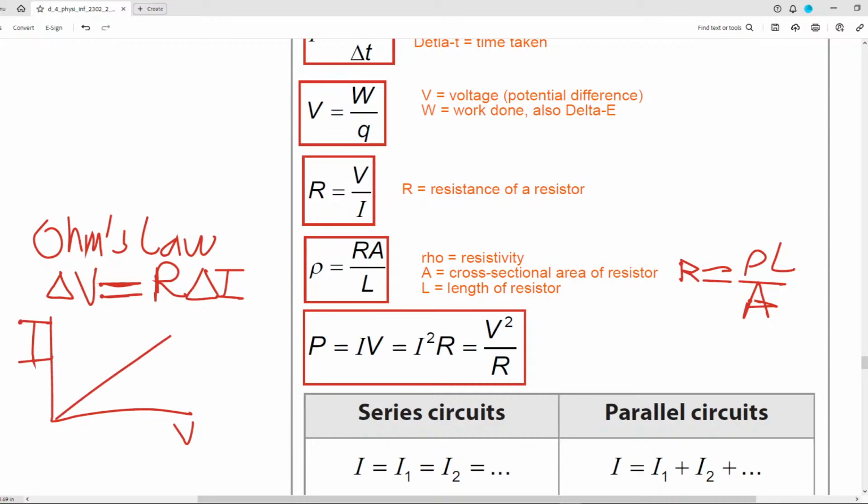That's what it means. Now, most resistors do not do this. This just means resistance is constant. R is constant.